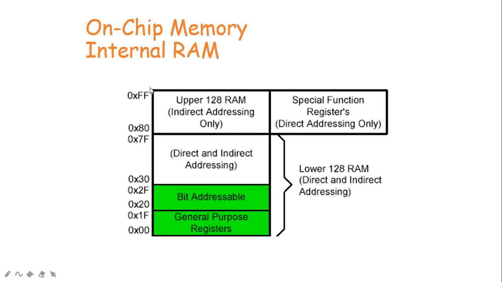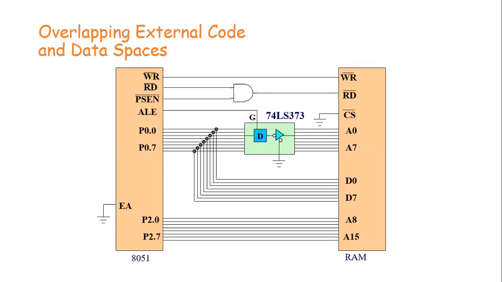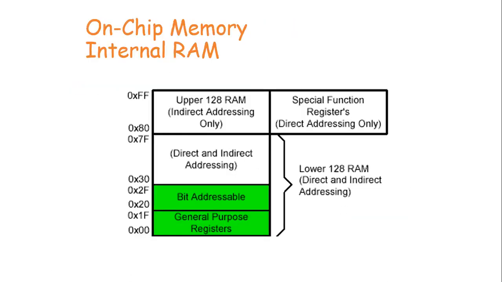Out of these 128 bytes, 32 locations are used for general purpose registers, and from 20 to 2FH are used as bit addressable area. The remaining 30 to 7FH are used for direct and indirect addressing.